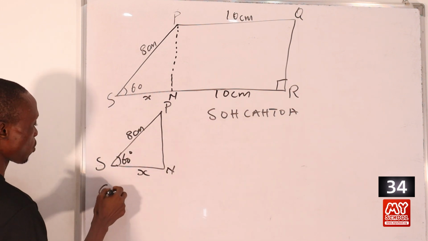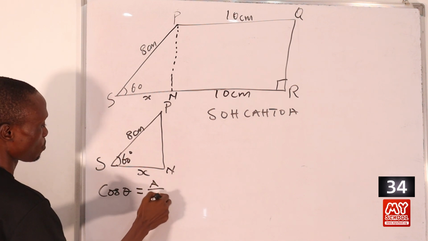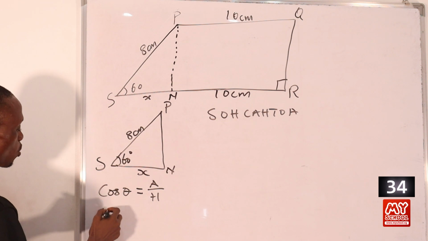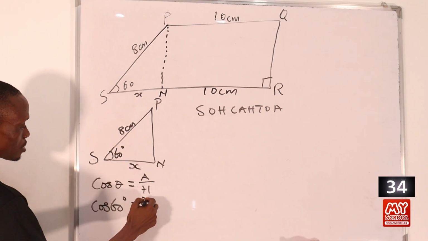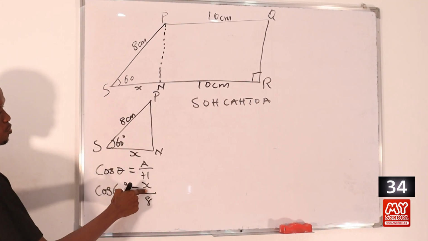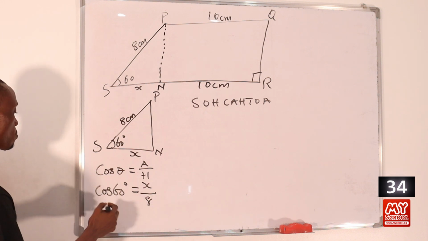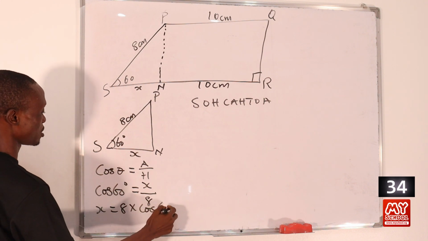So here we'll be having cos theta is equal to adjacent over hypotenuse. Remember our theta here is 60 degrees, so you'll be having cos 60 degrees is equal to adjacent, which is x, over hypotenuse, which is 8. Since we are looking for the value of x, we just cross multiply. So we'll be having x equal to 8 times cos 60 degrees.